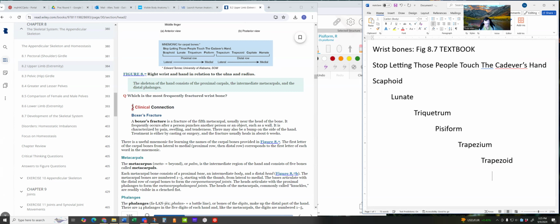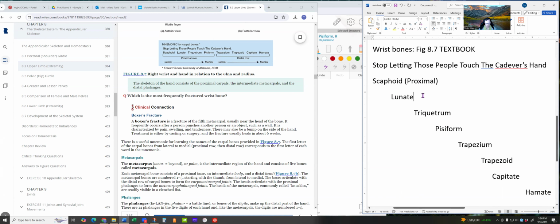Then capitate, then hamate. So this is the mnemonic for the wrist bones. Scaphoid, lunate, triquetrum, pisiform. That would be the proximal row, right?